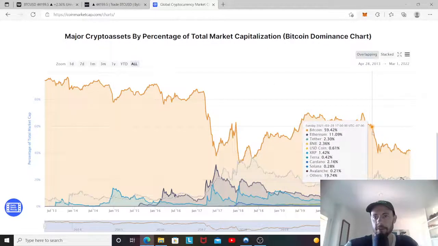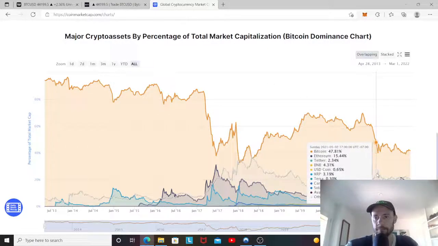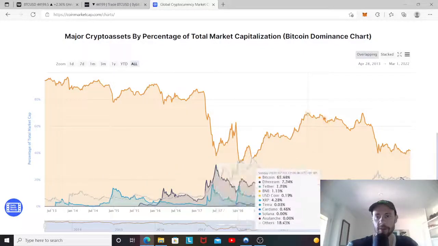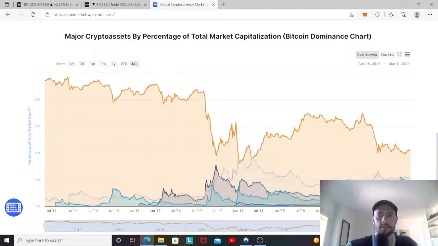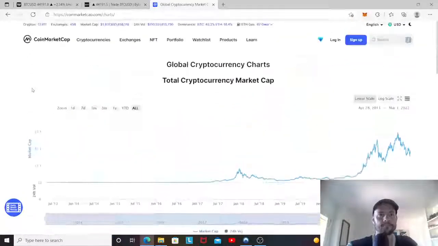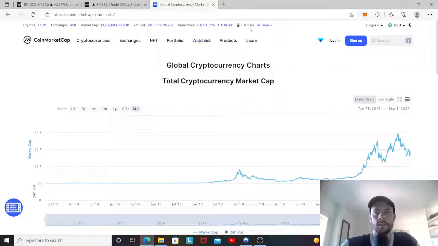And yeah, so you can see Bitcoin's here, Ethereum, and the smaller coins, XRP, whatnot. And then that's that. And if we go back to the main menu.